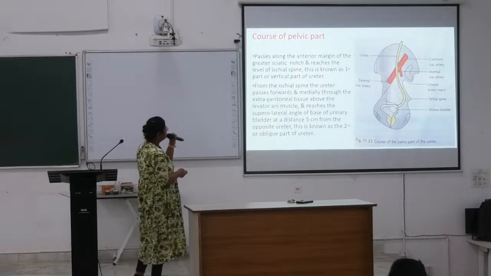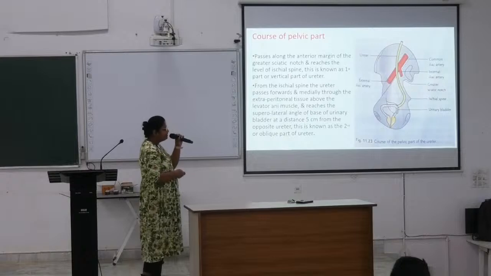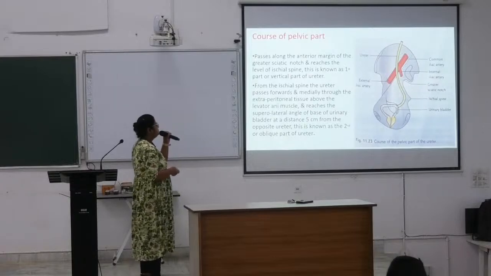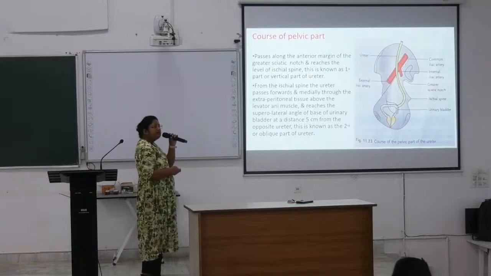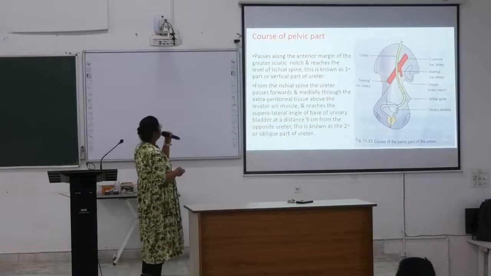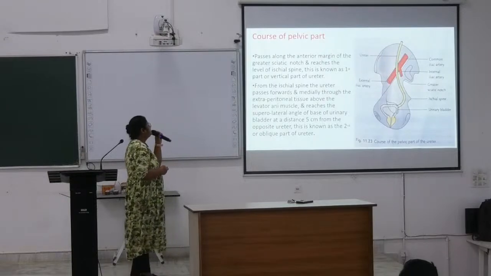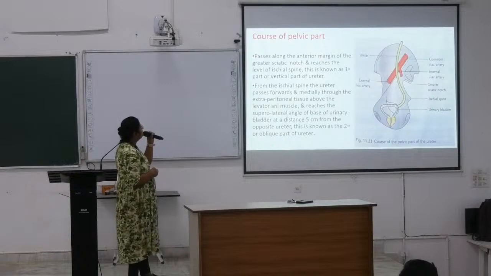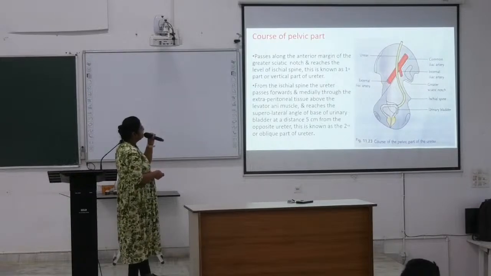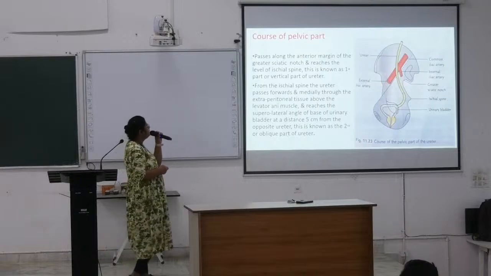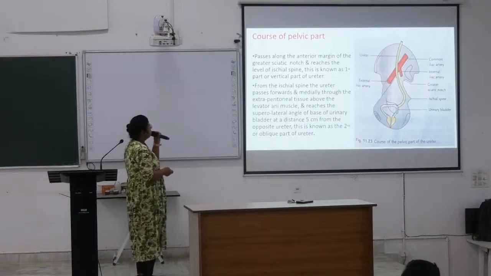See here, this is the pelvic brim. The iliopubic eminence and arcuate line are all forming the pelvic brim. So the ureter passes along the anterior margin of the greater sciatic notch, here is the greater sciatic notch, and reaches the level of the ischial spine.